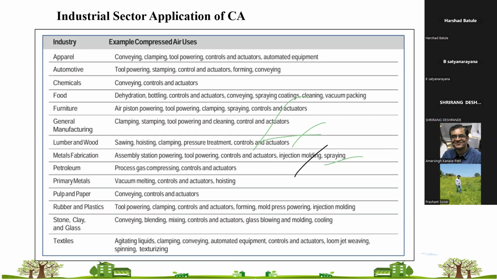There are multiple equipment like pneumatic presses in CNC, BMC that use compressed air. That is a major application. In the chemical industry, control actuators are a major role of compressed air. Instrument air is what it is called in general terms. In the food industry, there are multiple applications. So these are some applications of air compressors in the industrial zone.